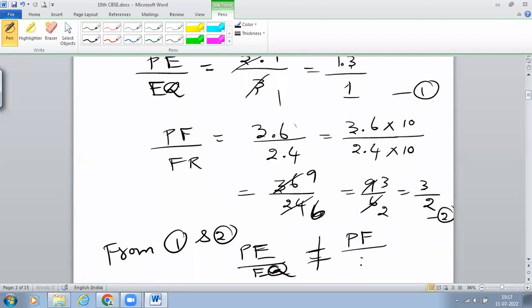Both are different, right? So therefore, we can conclude that the line EF is not parallel to QR. Please write, 1 minute.